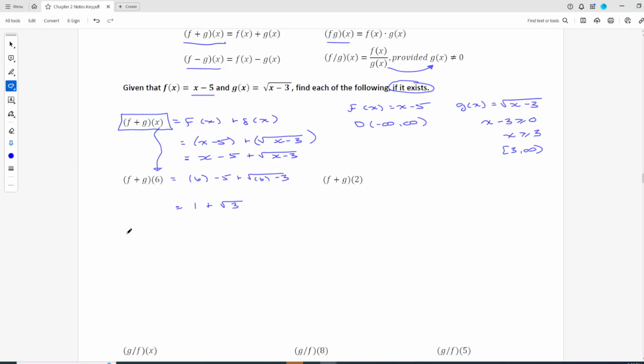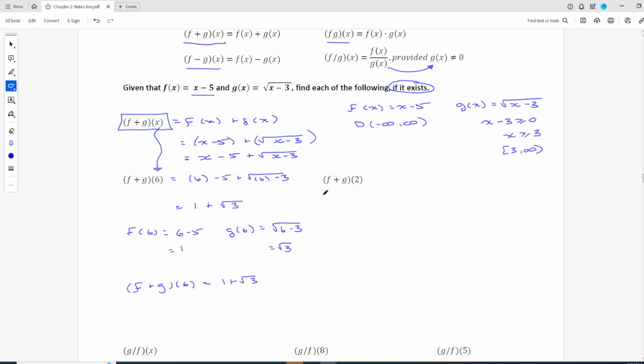Now you could have also found that by doing f at 6, plugging 6 into the f of x function and getting 1, and then finding g at 6 by plugging x is 6 into the g of x equation and getting the square root of 3, and then saying f plus g at 6 would just be those two added together.